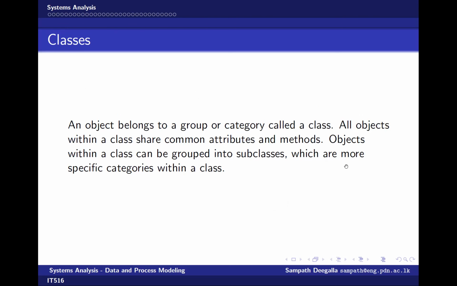And then we were discussing how to create the objects. We started with the classes, which means the objects belong to a group or category, what we call the classes. So if the objects are from the same class, you have a set of common attributes as well as common methods.